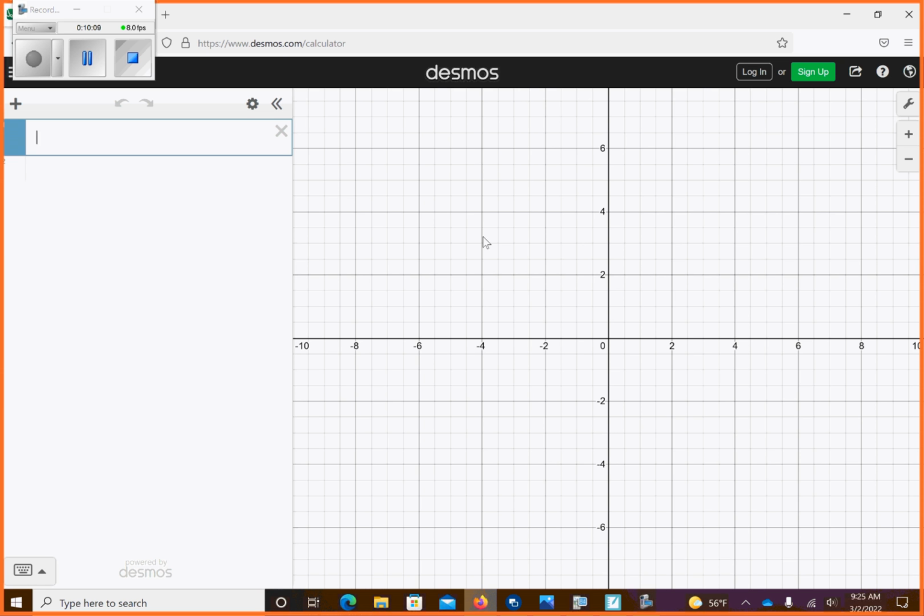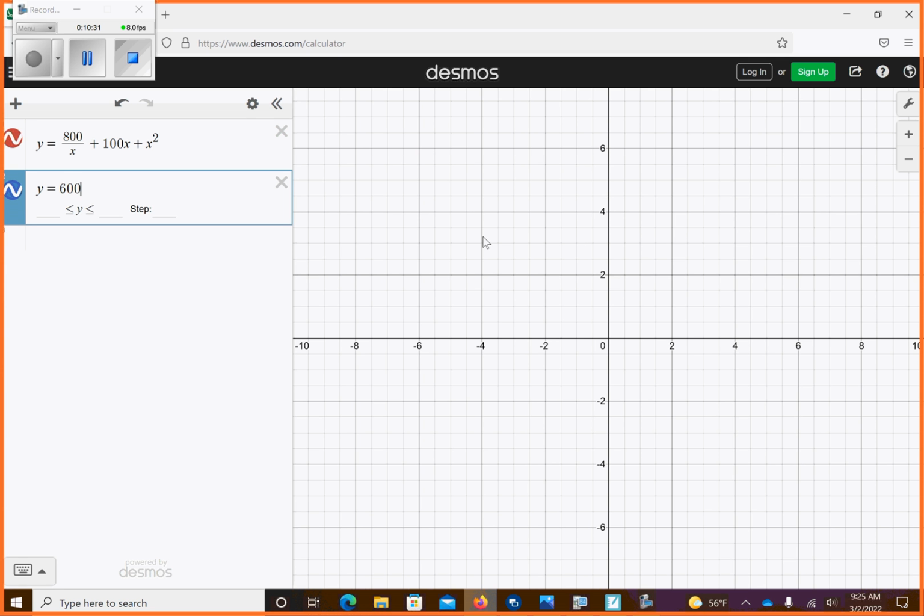I goofed up. So it should be this. Y equals 800 divided by X plus 100X plus X squared. And then I'm just going to graph the other equation as well. 60,000 minus 50X. I think this is how I have to do it.